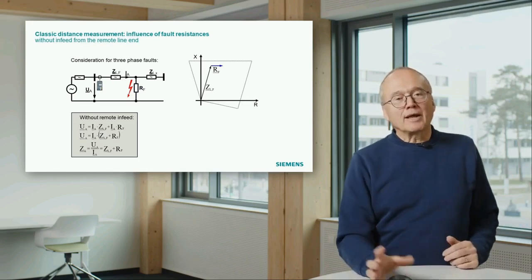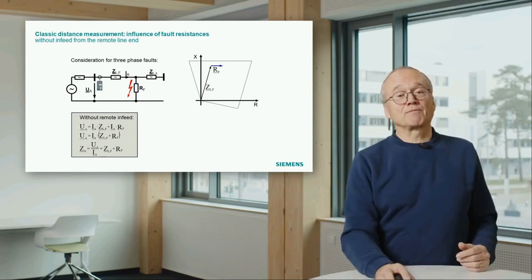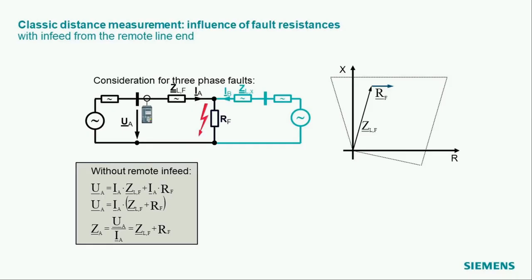If we now have, as it is the normal situation in a mesh system, infeed also from the other side, we get an equivalent circuit like that. That means we feed now the fault from the left side and also from the right side.